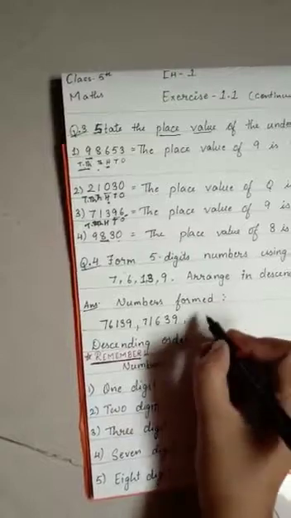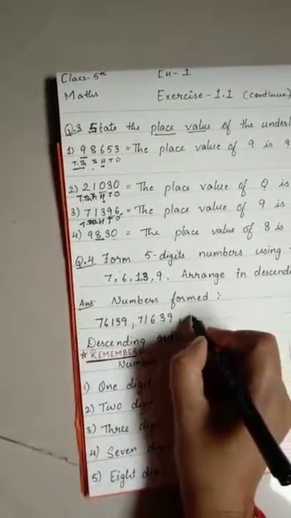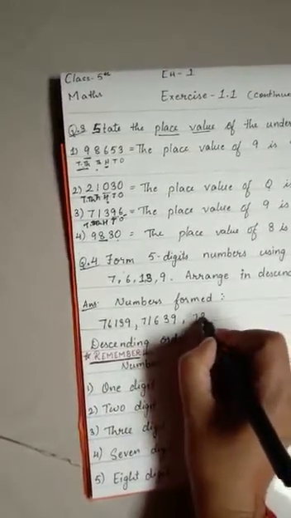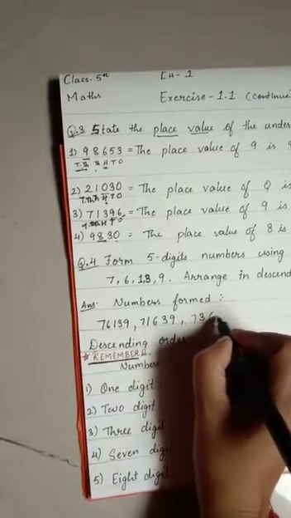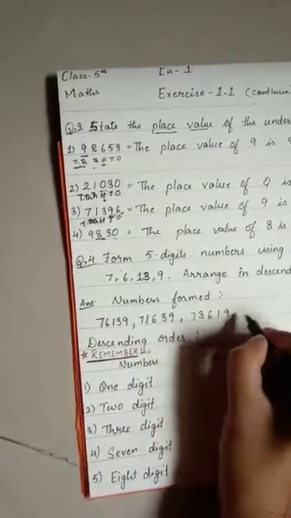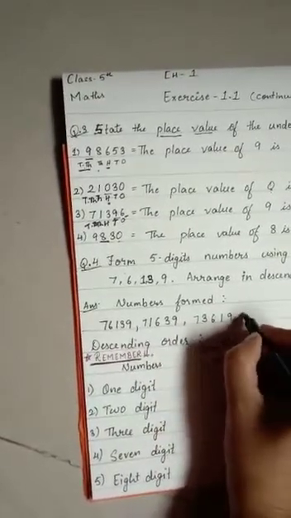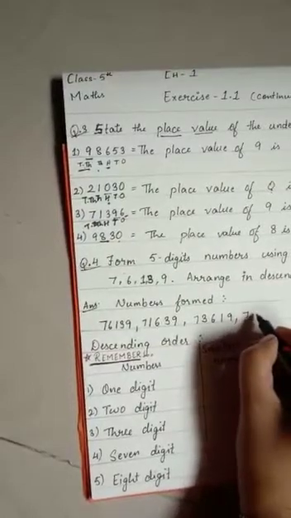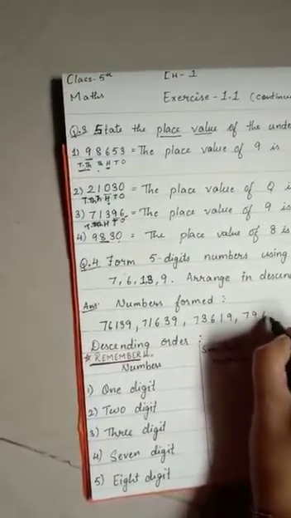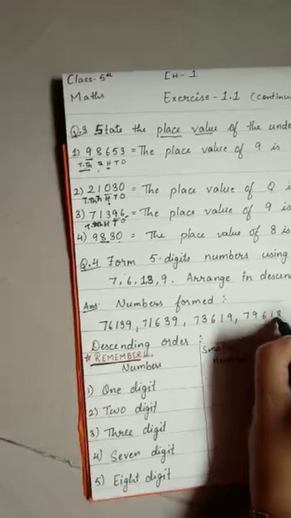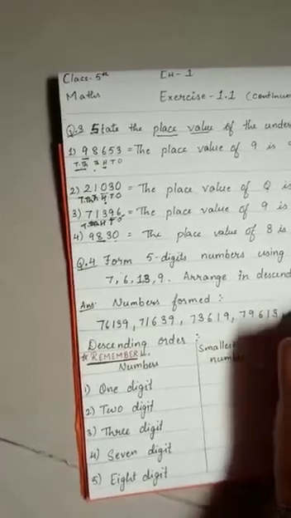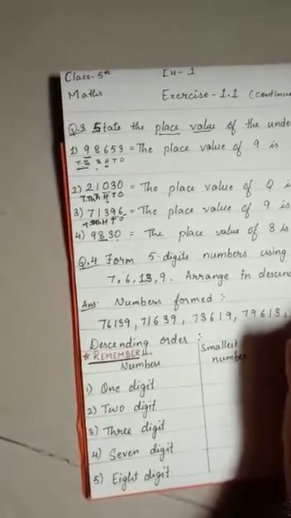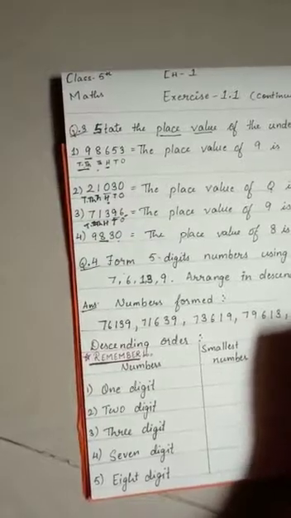Then another new number will be 73619. Then 79613. Then 97631.